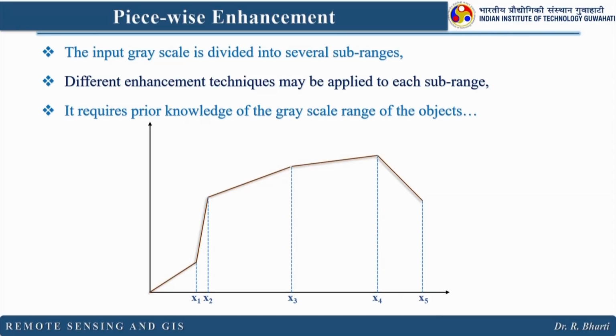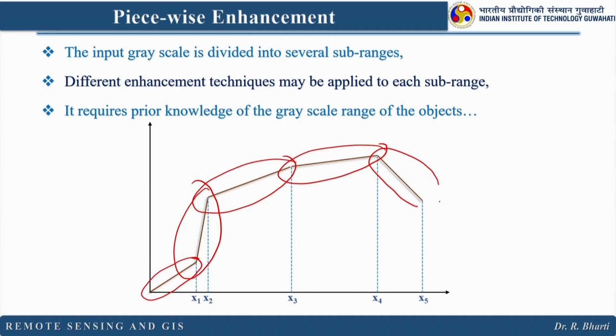This is a histogram generated from a remotely sensed image, and you can see this histogram has different slopes in different portions, which indicates there are ranges of values starting from here to here. So we can select these DN values and apply either logarithmic, exponential, negative, or linear stretching. In this you have the freedom to apply.